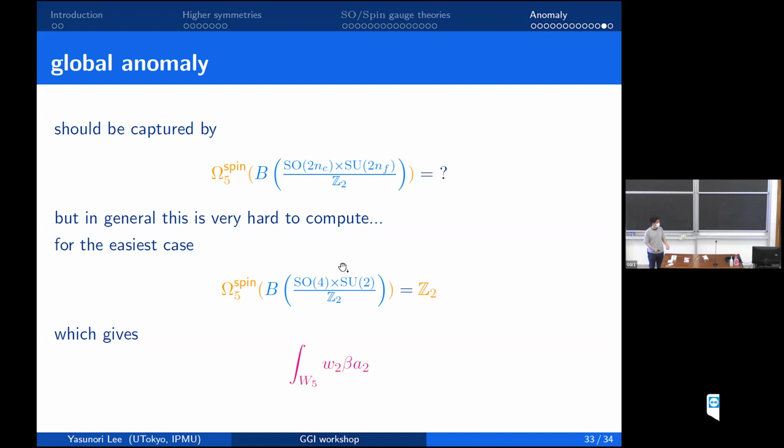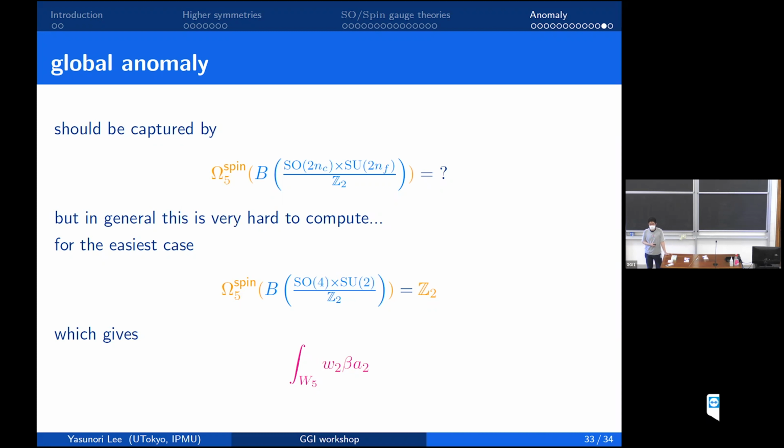And this A2 is the background gauge field for the Z2 one-form symmetry coming from the flavor SU(2N_F) group. I see. So it's the analog of W2 on the flavor side. So it's a mixed anomaly between the two one-form symmetries? Yes. Okay, I see. That's what Andrea also asked. Okay, thanks.